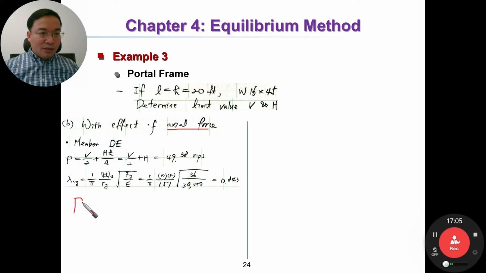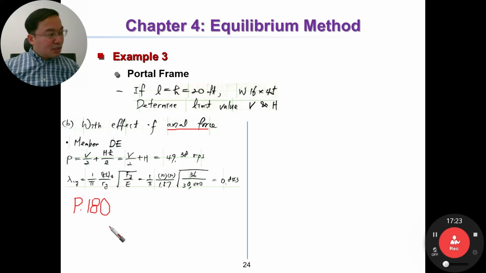In your textbook, page number 1-8. The reason why I don't mention it in this lecture is because I already provided it in another class.